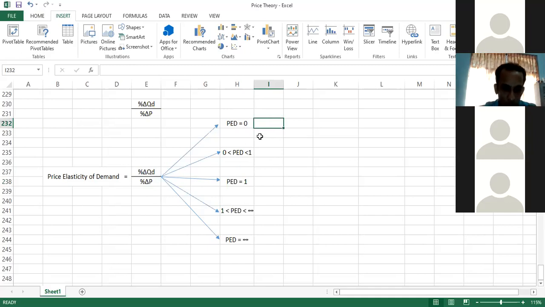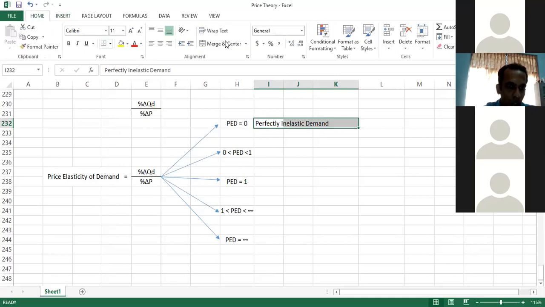So we use the term perfectly inelastic demand, right? That means it is not responding at all. That's why we call it perfectly inelastic demand, right?